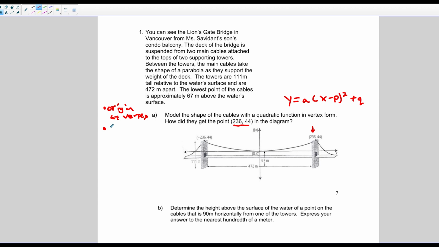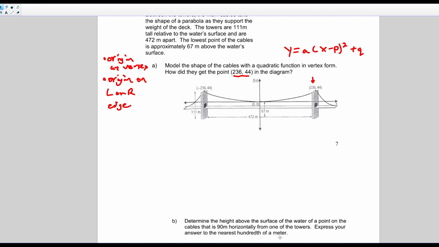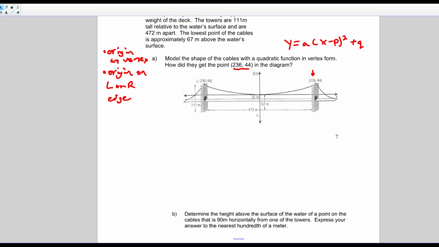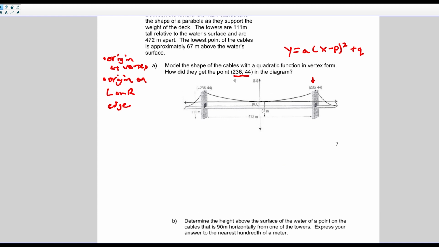Alternatively, you could set up your origin on the left or right edge, so that you have your origin here and a parabola coming down towards this way. But personally, I prefer to set up my origin right at the vertex, because we're going to work with 0, 0, and working with 0, 0 is a fantastic thing to do, as you're about to see. So let's look at how to come up with our quadratic function in vertex form.